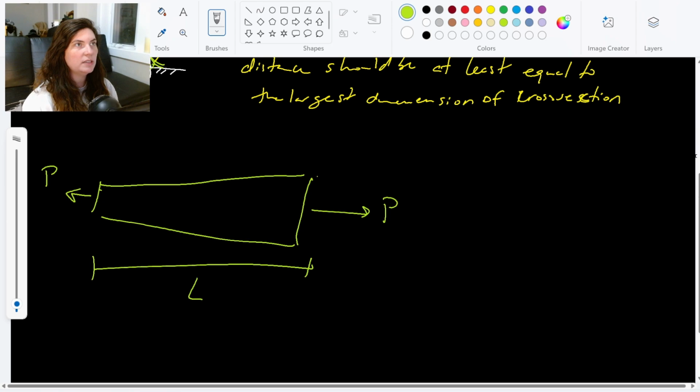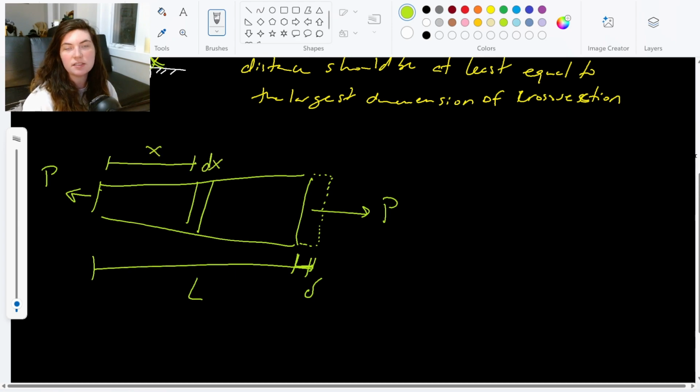We're saying that when it deforms, instead of looking explicitly at the end here when it deforms, this delta, we want to take a cross-section for each x. Take a dx, which I know you see a dx, you have an idea of where this is going. Probably going to be an integral.